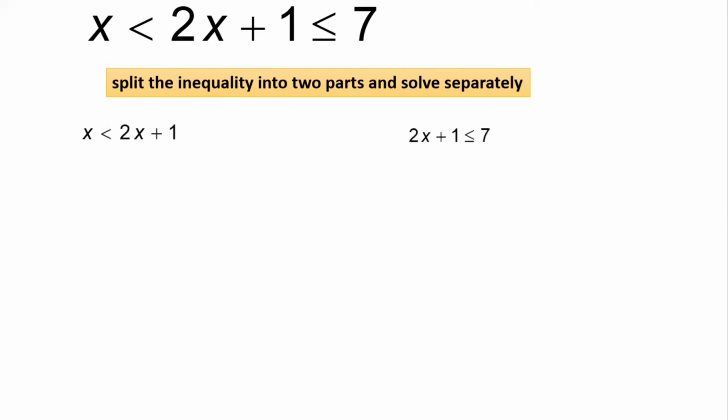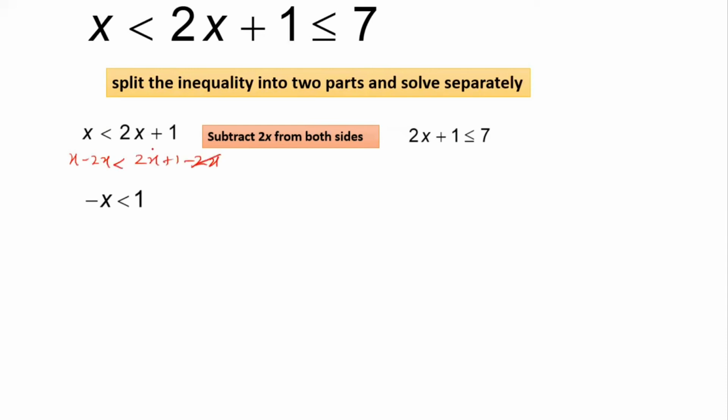We solve one inequality at a time. We subtract 2x from both sides: x minus 2x is less than 2x plus 1 minus 2x. That is how the 2x got cancelled, and x minus 2x is minus x, less than 1.